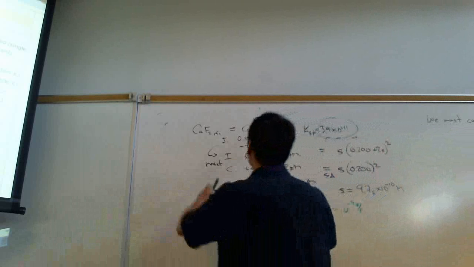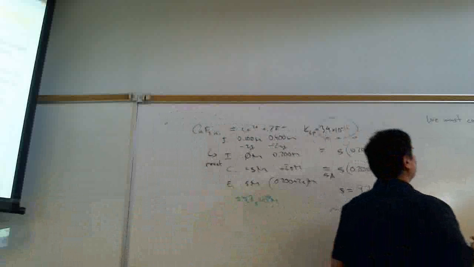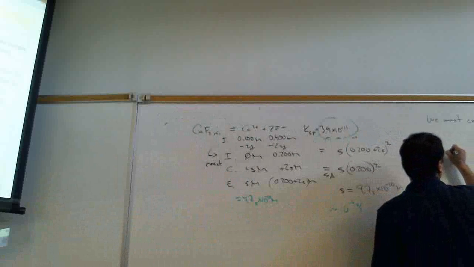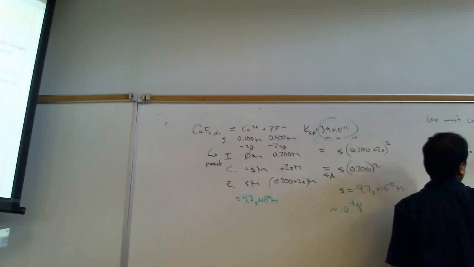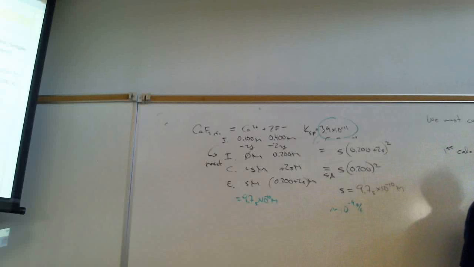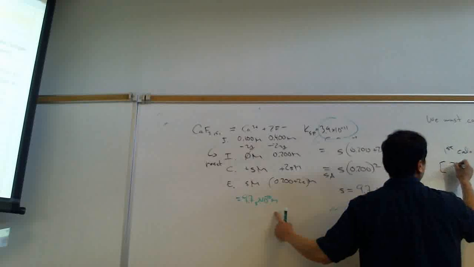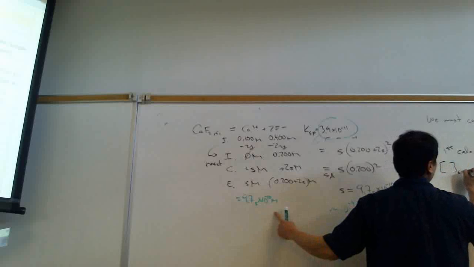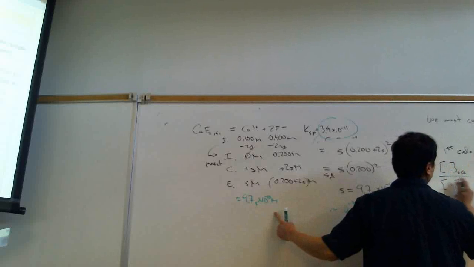And so let's do this one first. The way we calculate the percent precipitation is first calculate the percent remaining. This is the concentration at equilibrium over the concentration initial.